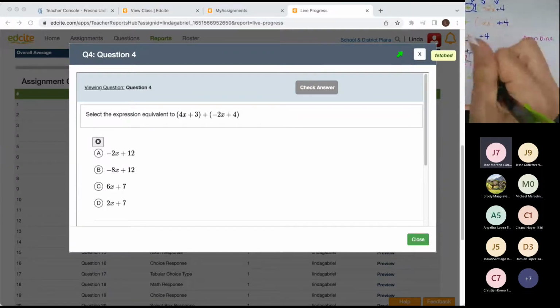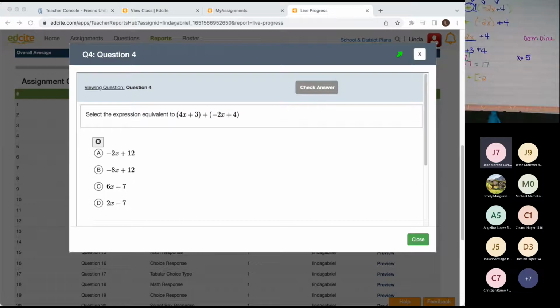I'm going to plug my 5 in. So that'll give me -2 times 5 plus 4 to complete that parentheses.